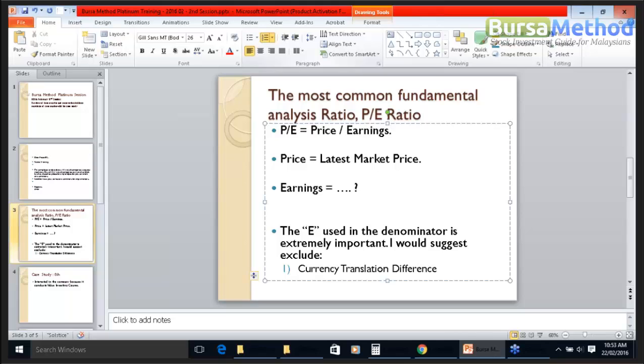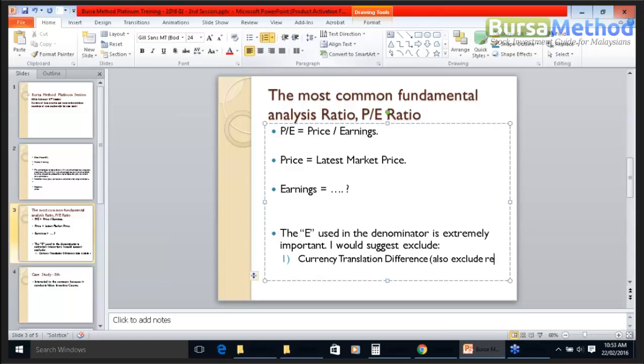At the same time, since we are talking about currency translation, also exclude revenues that gain from this currency translation.